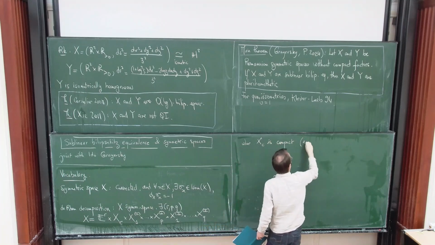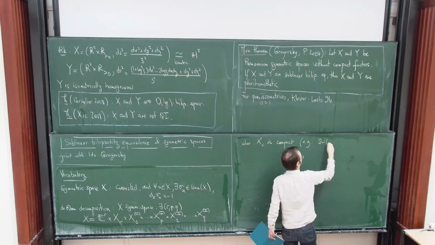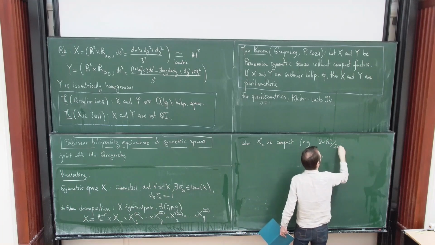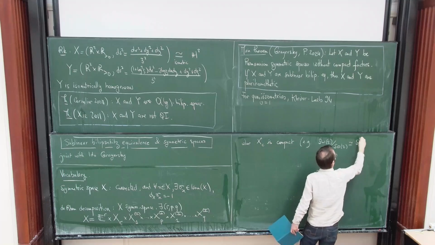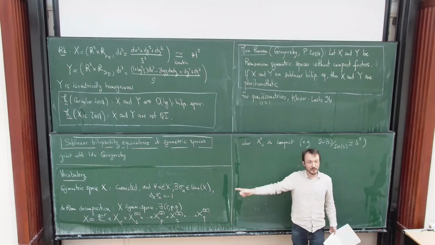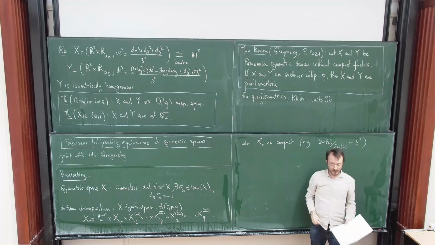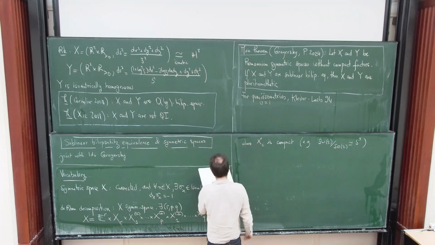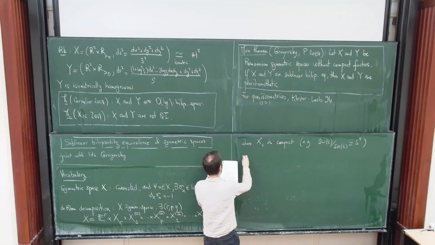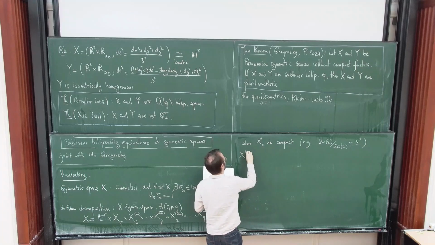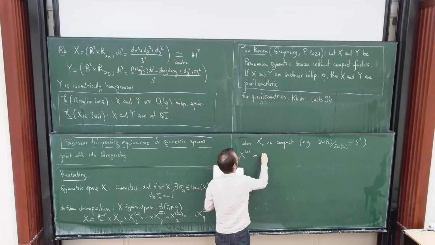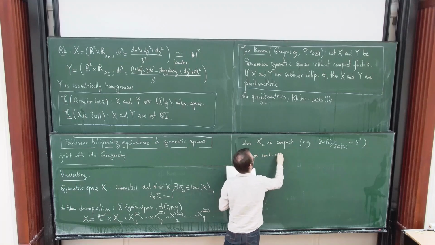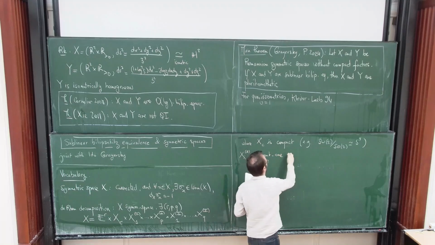So you can think, for instance, of SU2 mod SO2, which is S3. But I typically don't want them in the theorem. The Xi are rank 1, non-compact type.